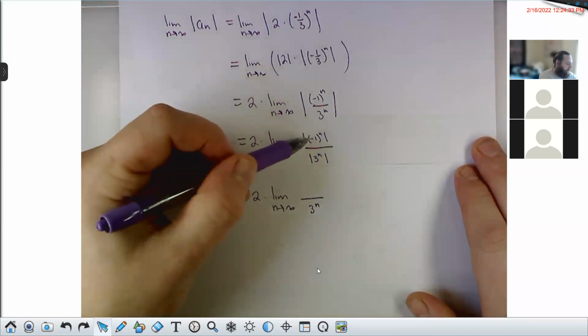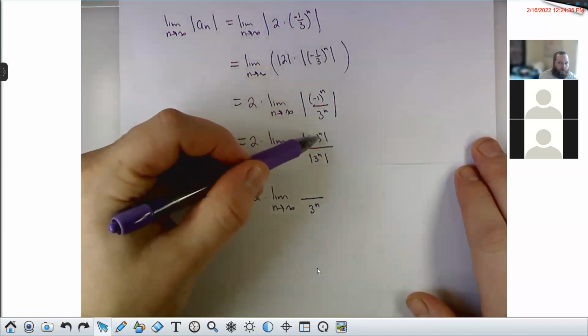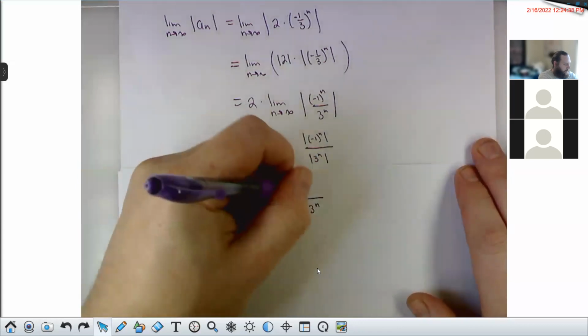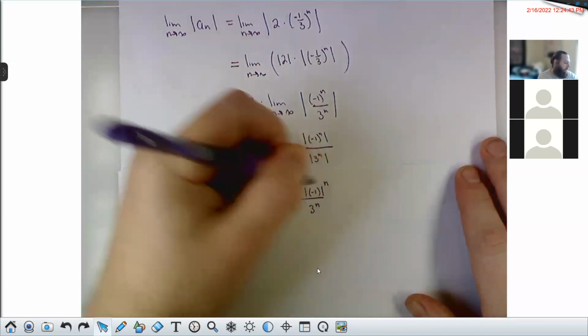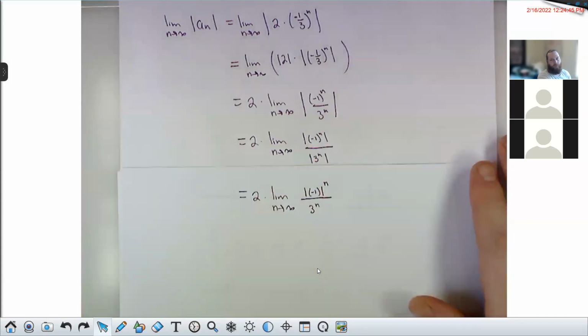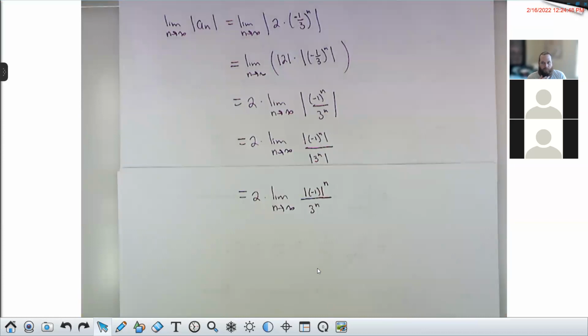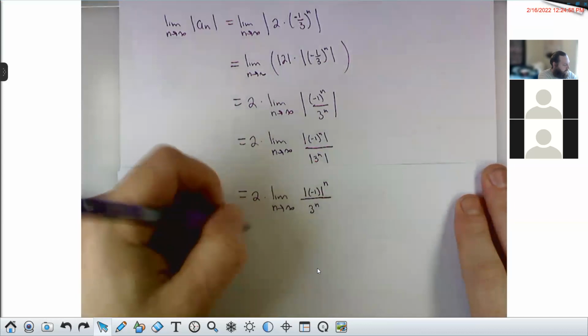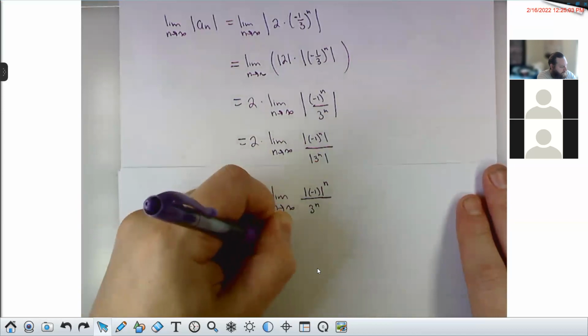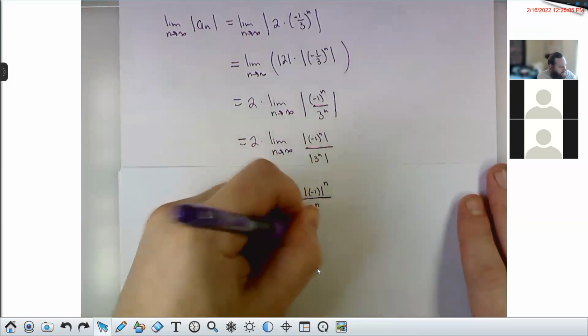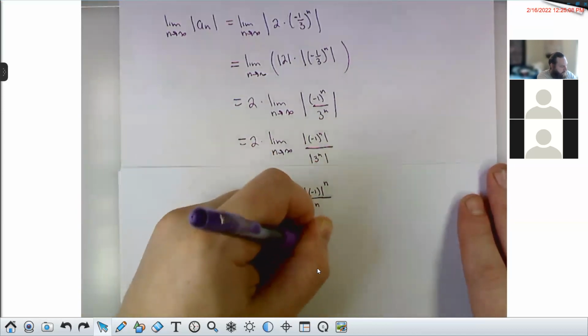Upstairs, the power being inside the absolute value here is the same as the power being outside the absolute value, like that. And what is nice here is that the absolute value of negative 1 is 1. So this is 2 times the limit as n goes to infinity of 1 to the n over 3 to the n.